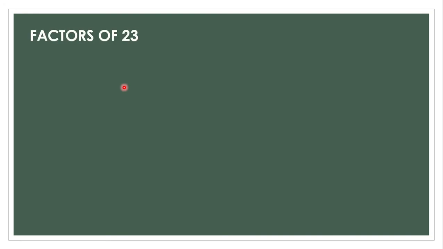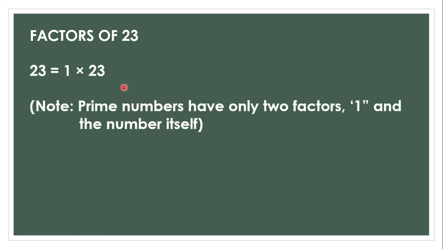Then factors of 23. See, so far we had composite numbers and it is very easy to find the factors, but when you have prime numbers, what kind of factors are you going to get? Now we see 23, 1 into 23 is true, and we know very well that prime numbers have only two factors, one and the number itself.